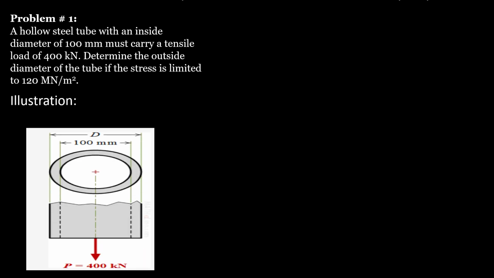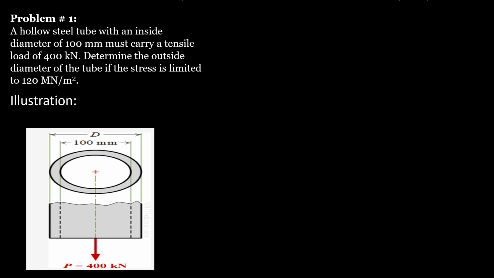In this particular problem, as we can see in the figure, the inner diameter of a hollow tube is 100 millimeters. Also given in the figure is the tensile load of 400 kilonewtons.